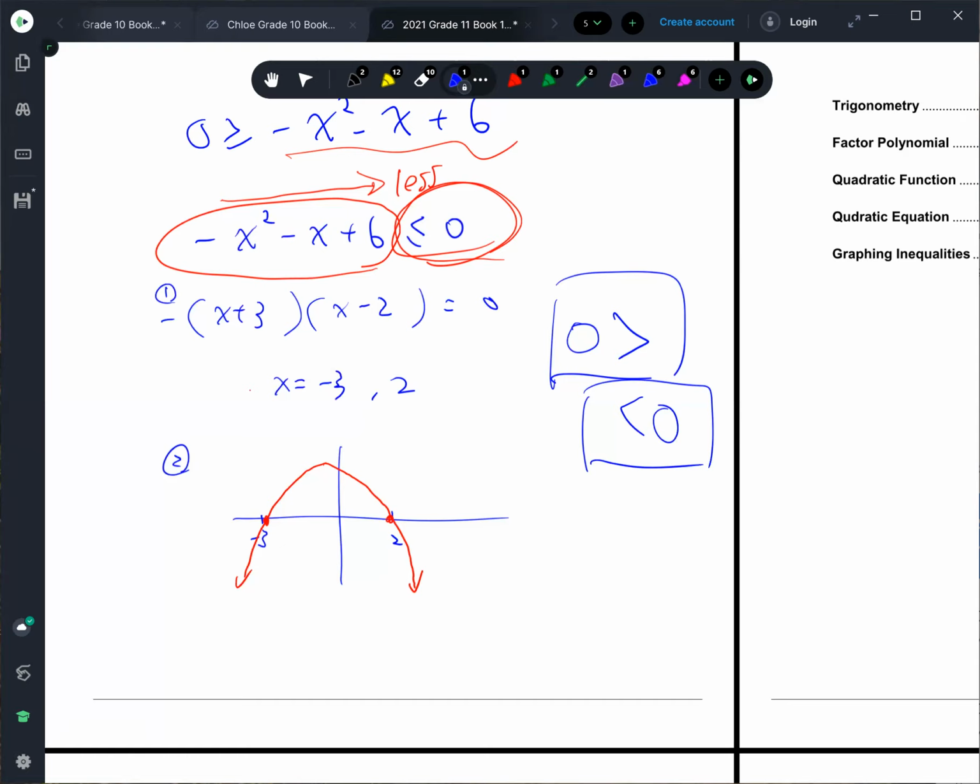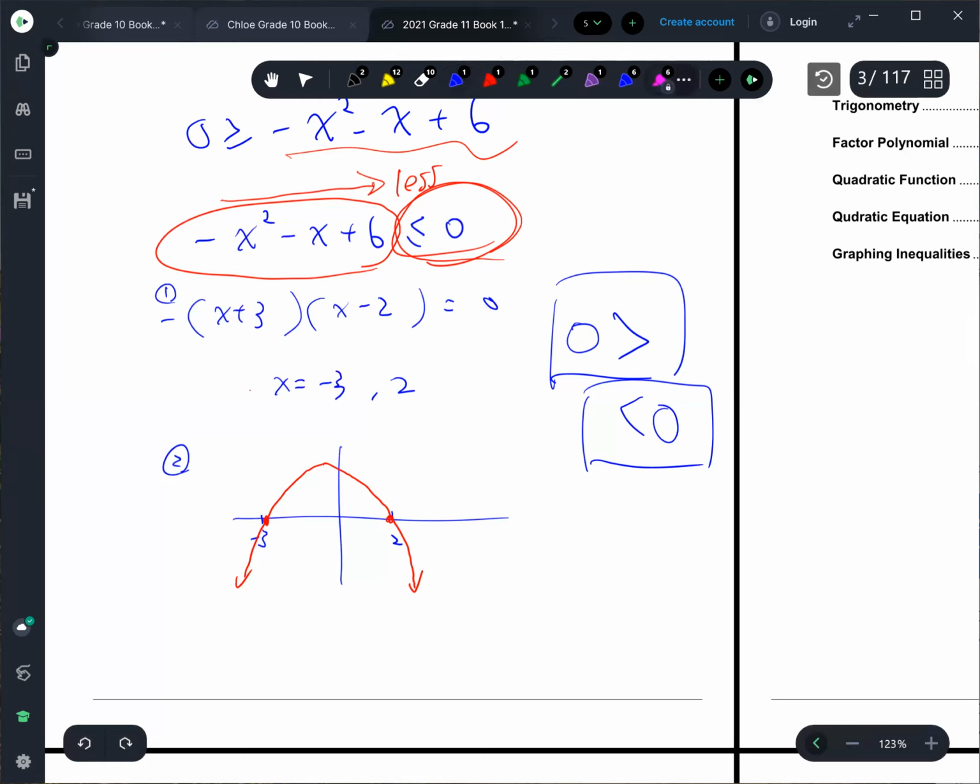Both of them are less than 0. Do you see it? So it doesn't matter which way you look at it. It's always less than 0 for this question. So if it's less than 0, would it be inside as well? Less than means above or below.